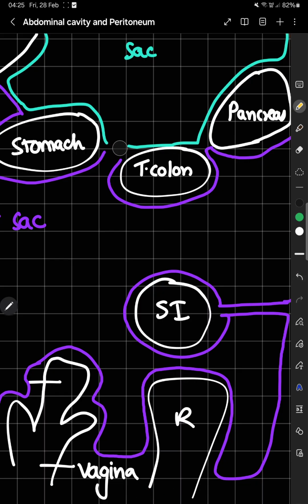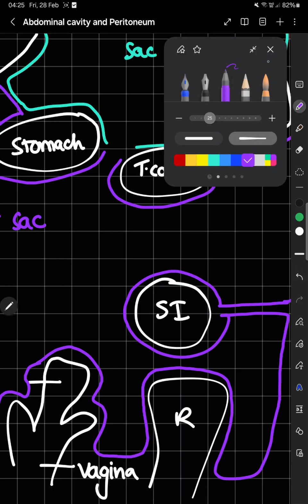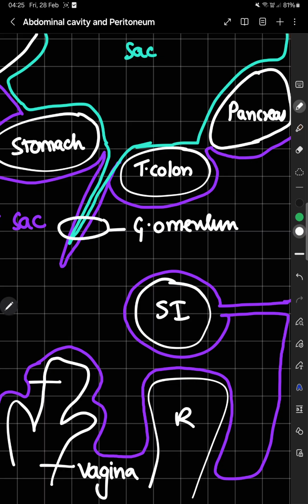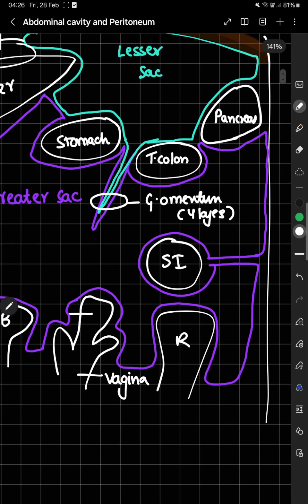There's a deep folding inside the parietal peritoneum, and then the same for the other peritoneum. This whole thing is known as our greater omentum. It's basically made out of 4 layers. This is to be roughly remembered. And whatever is included in the greater omentum is basically our lesser sac.